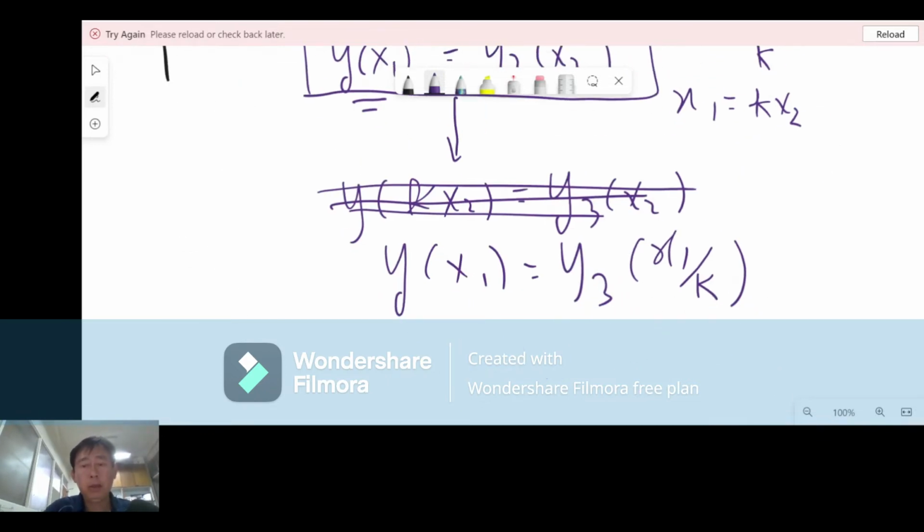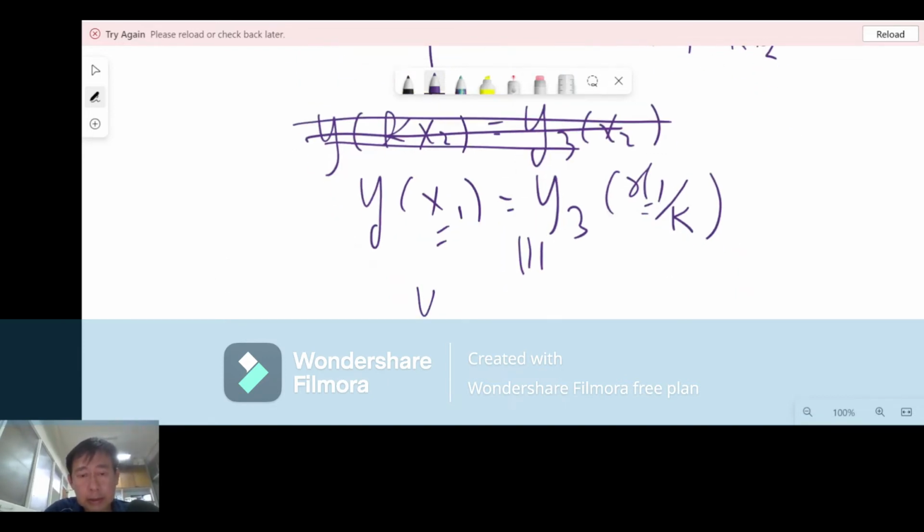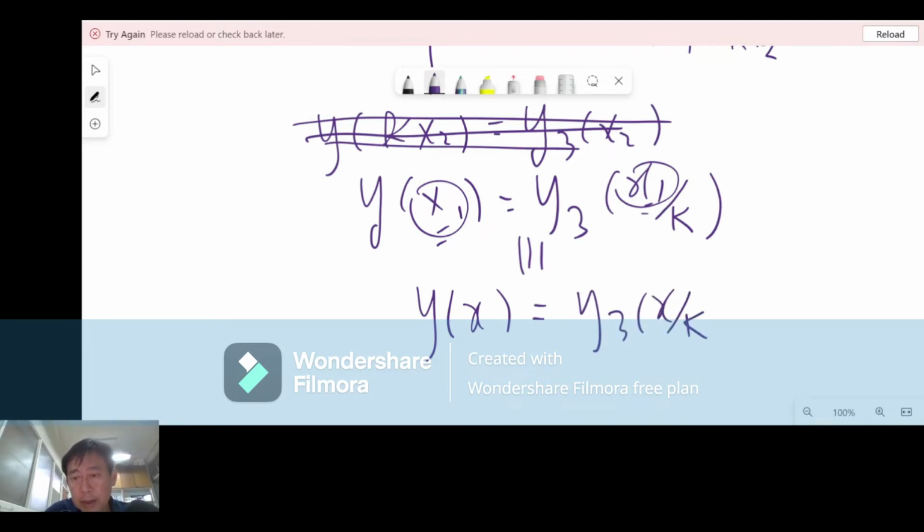This statement is the same as replacing the symbol x1 by x, so these two statements are exactly the same.